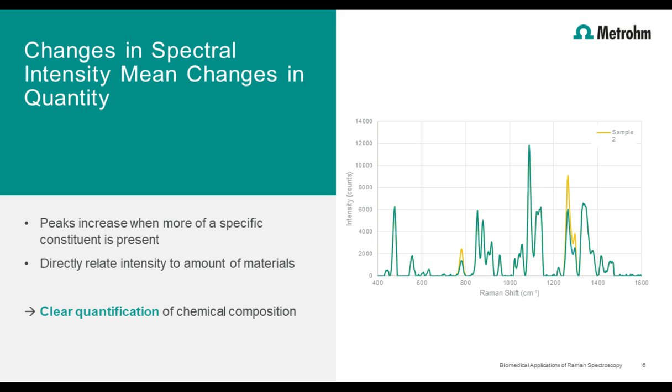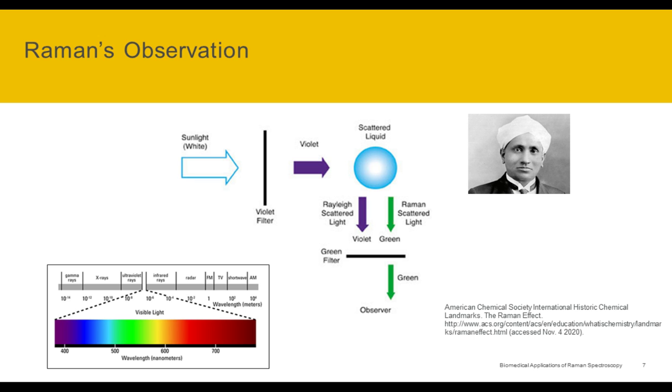For a quantitative analysis, the intensity of our measured peaks is proportional to the amount of the analyte that's present in our sample matrix. So we can use the peak heights that we see to directly correlate the concentration of the analyte that we have in our sample. So we can do quantitative analysis based on peak intensities.